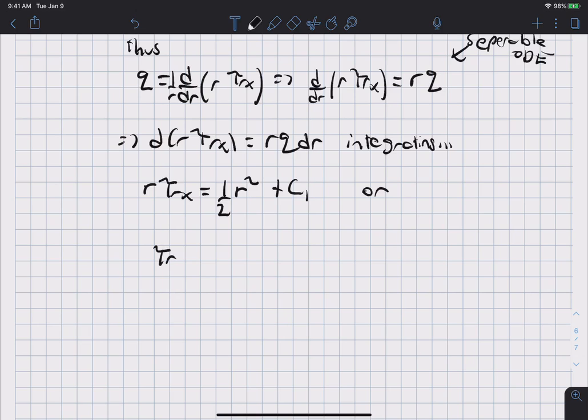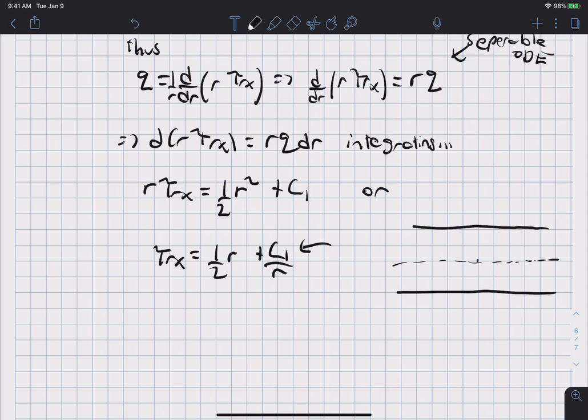Or tau_rx equals 1/2 r plus c1 over r. Now here we can actually apply a bit of thought. Our pipe looks something like this, and here's the center line, r, and the outer radius is capital R. So this is saying that the shear stress is a linear function of r plus some constant divided by r.